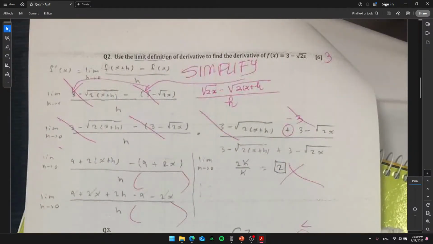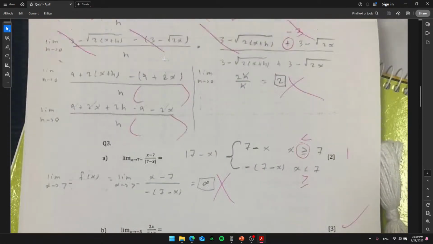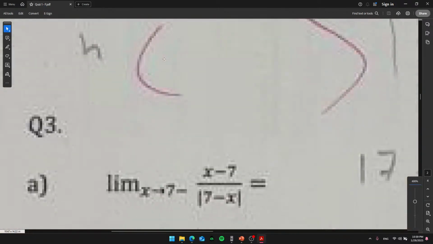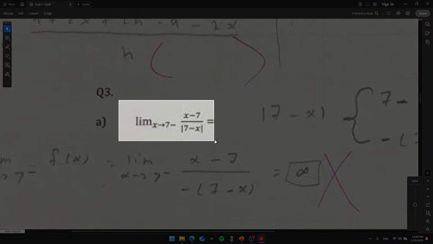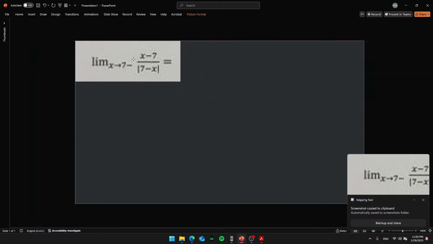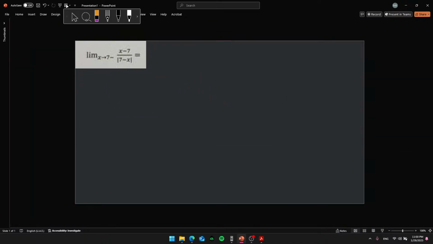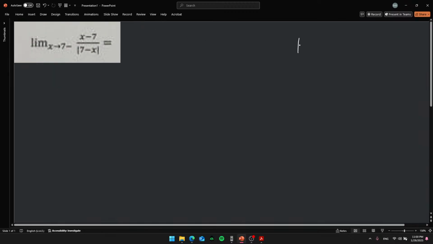Okay. Simplify it using the limit definition. We know how to do this. Oh, we have some limits here. Okay, absolute value of x minus 7 over 7 minus x. Let's solve this one. This looks promising. 7 minus x, plus, oh no, sorry. 7 minus x plus 7 minus x.